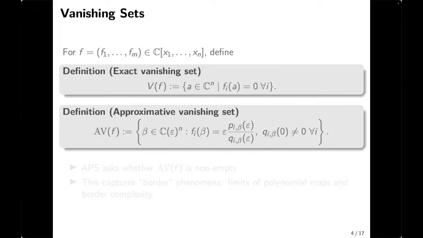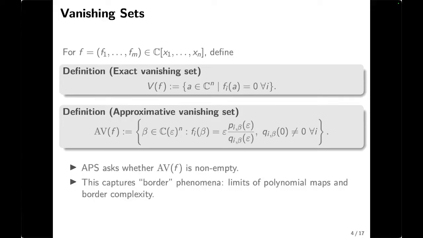Analogously, we can define the approximate vanishing set, where we allow the variables to take values in this function field, and the only constraint is that all the f_i should now be 0 mod epsilon. Formally, the question of approximate polynomial satisfiability asks whether the approximative variety of this system of polynomials is non-empty. As I talked about, this captures border phenomena in GCT.